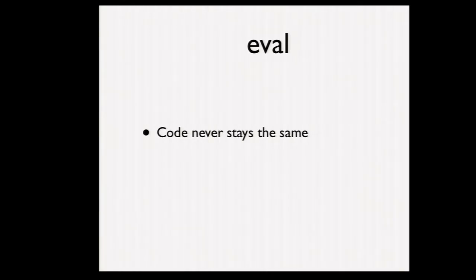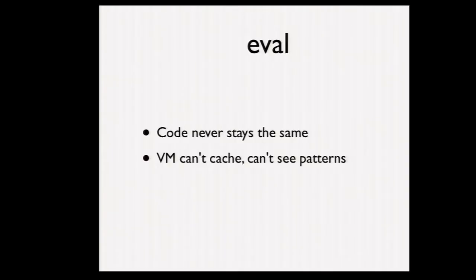We have no constant view of the system, no static view of the methods that are being called or the code that's being executed, and so there's no way to optimize that. If the VM can't cache, it can't see any of these patterns that would inline code. It can't see values that are always static and optimize around them. It can't use constants to reduce loops, to unroll loops and whatnot. And as a result, with eval, there's really no optimization possible.